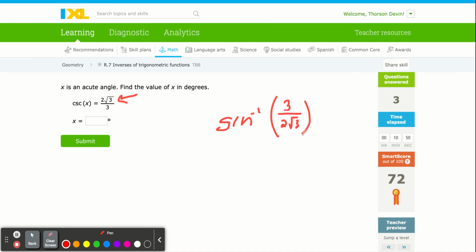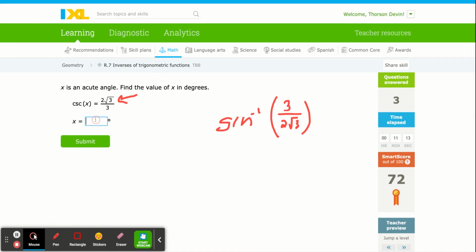So you grab your calculator, do shift inverse sine of 3 divided by, now make sure you do parentheses around that 2 times the square root of 3 to make sure it also divides by the square root of 3. And we get 60 degrees. Wow, they're throwing a lot of 60-degree angles in.